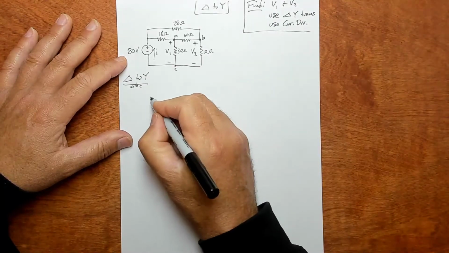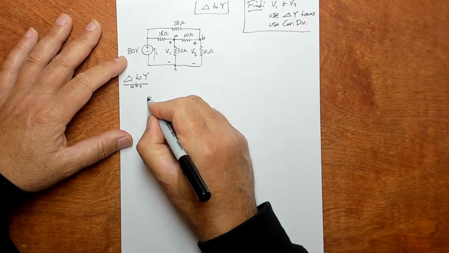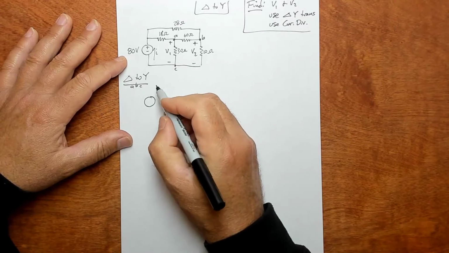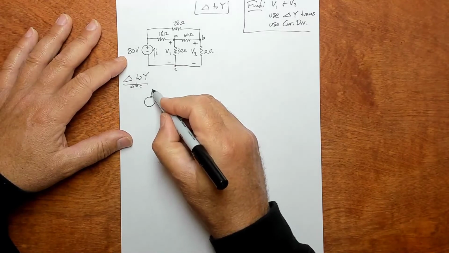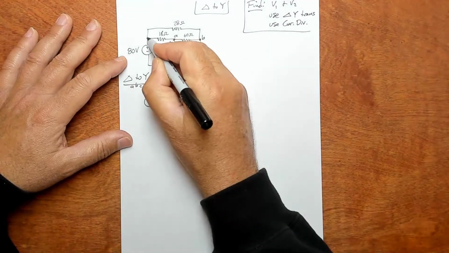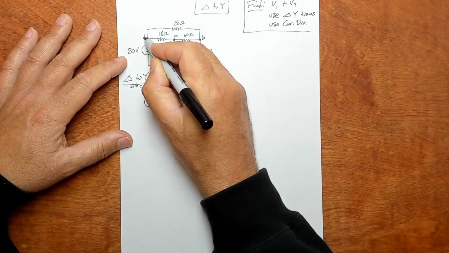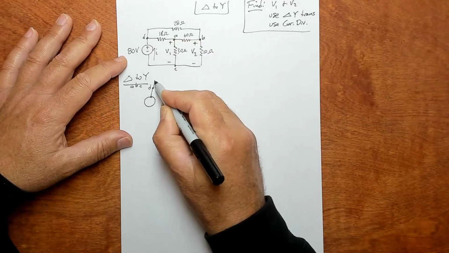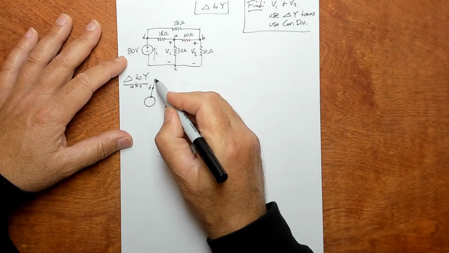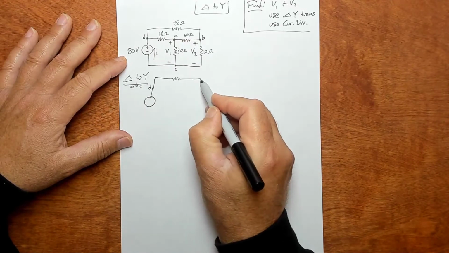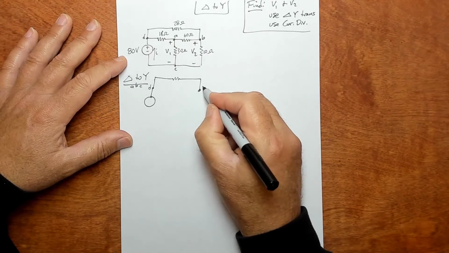Okay, so I'm going to redraw this kind of carefully so we don't get too messed up here. So let's call this node D just to have something to call this guy. So he's still there, and the 28 is still there, and B is here.